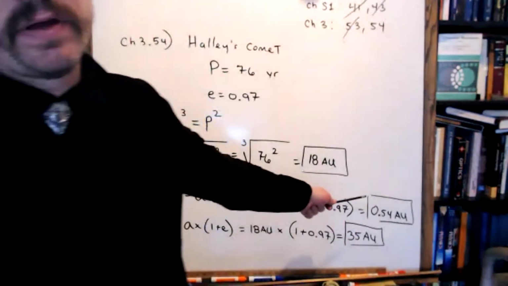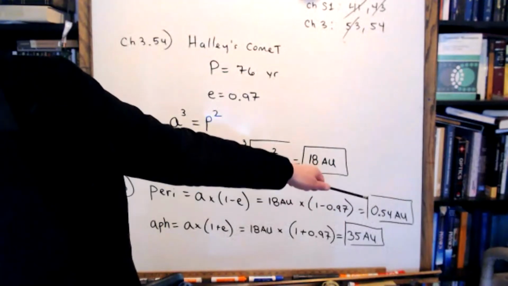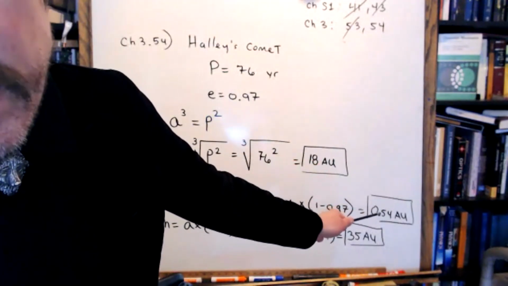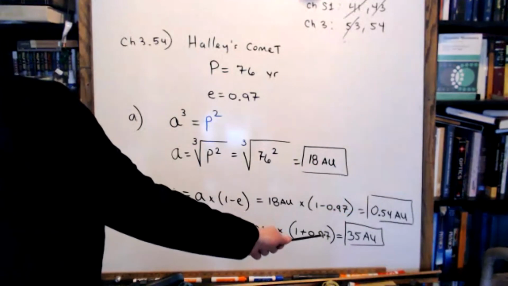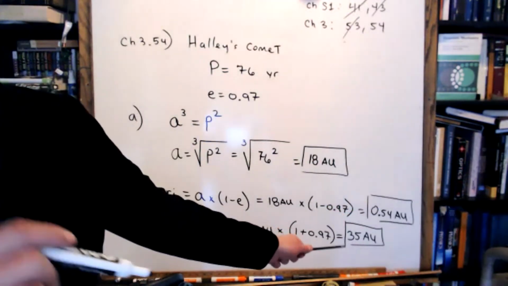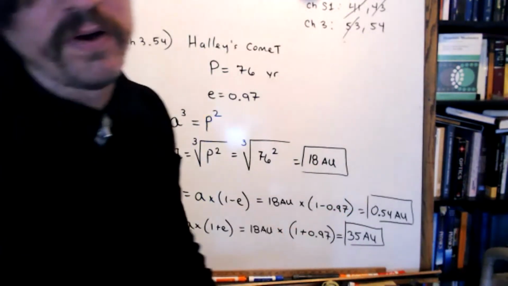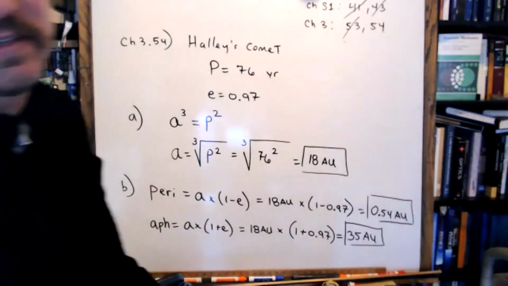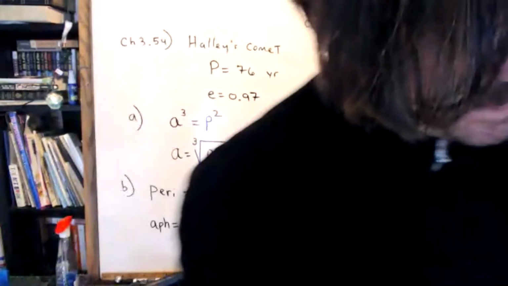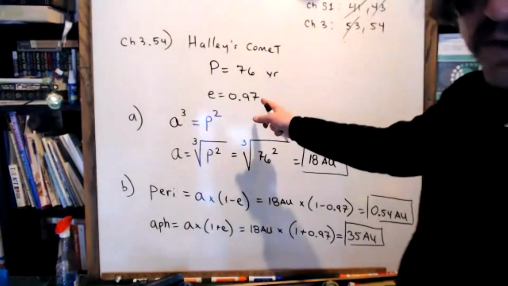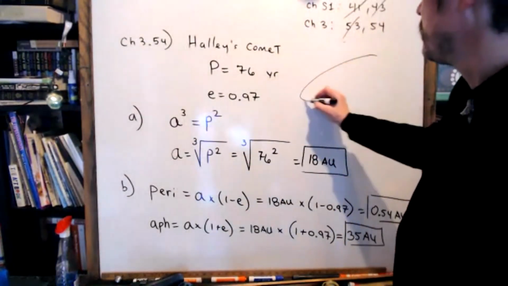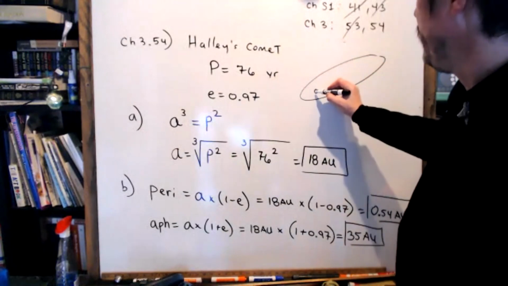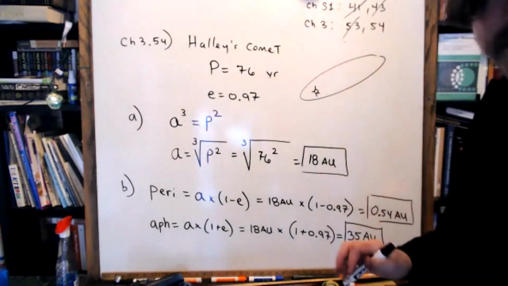This means at its closest approach, Halley's Comet goes inside the orbit of Venus. At its greatest distance, it's almost as far as the orbit of Pluto. So this comet truly travels the entire length of the solar system on its journey around the sun. A very, very eccentric orbit. It goes all the way in and all the way out of the solar system.